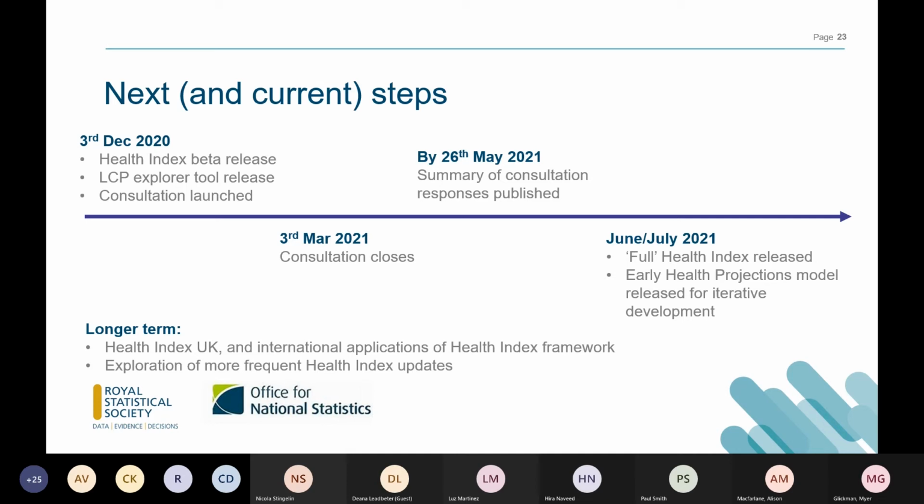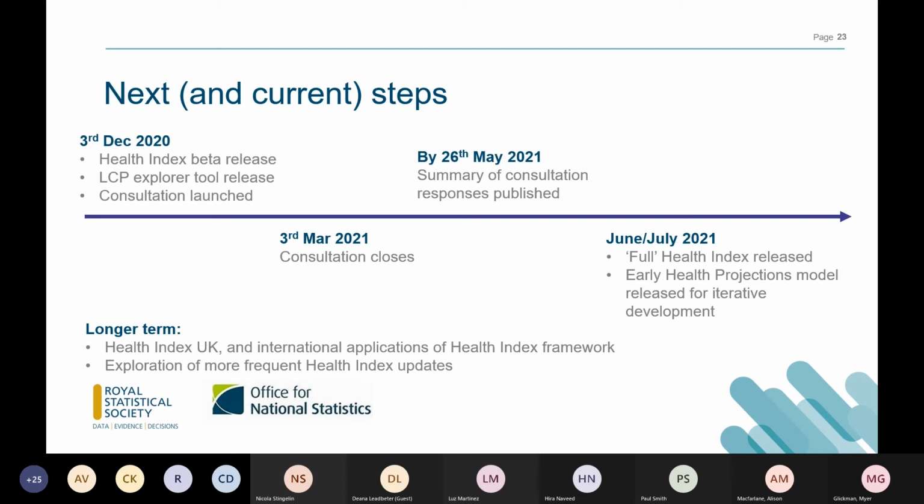So we're aiming to produce and release a very flexible health projections model, so people can see if they change one aspect of health, what impact that has on others and how that looks into the future. And as a byproduct of this, we'll also be producing baseline projections for, in the absence of intervention, how will most of these indicators look into the future, which for many of these topics will be the first publicly available projection of their trajectory. So that'll add value even before the additional information that that model will provide.